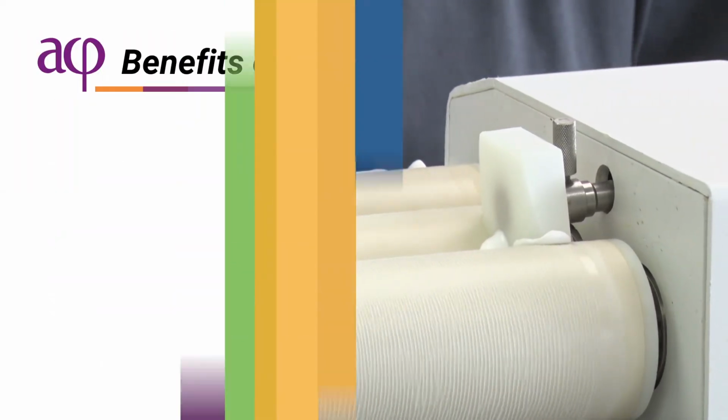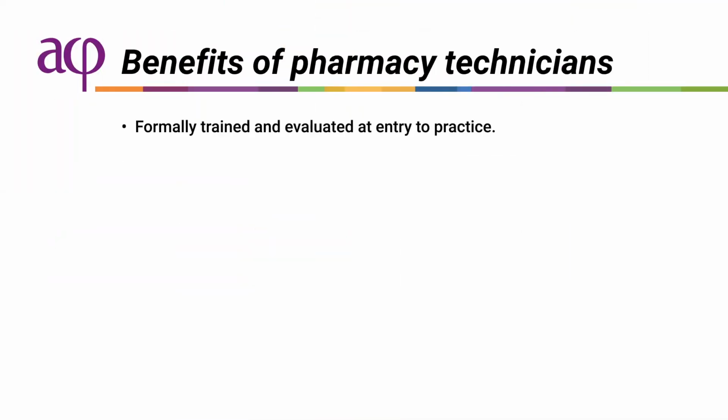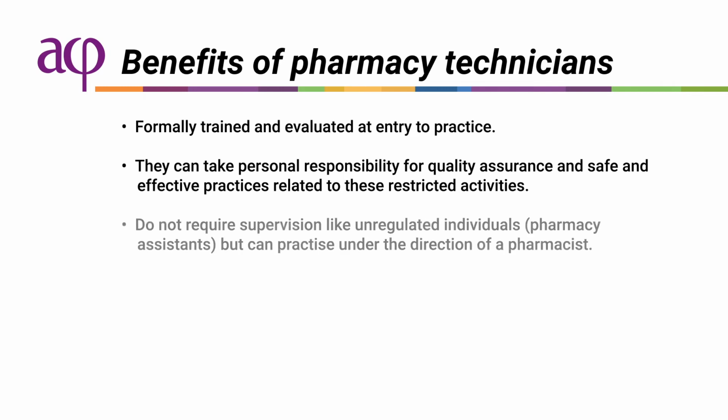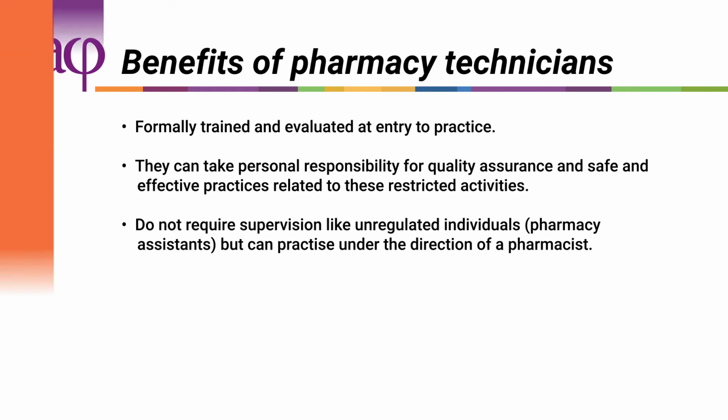Pharmacy technicians are formally trained and evaluated at entry to practice. They can take personal responsibility for quality assurance and safe and effective practices related to these restricted activities. Due to their competence, pharmacy technicians do not require supervision like unregulated individuals such as pharmacy assistants, but can practice under the direction of a pharmacist. Pharmacy technicians who practice to full scope allow pharmacists to provide better care for their patients.